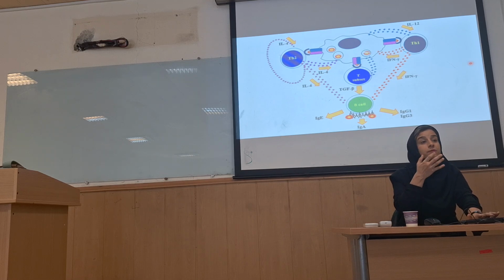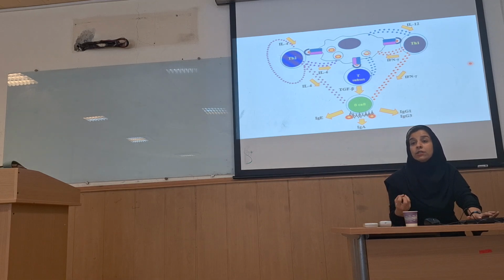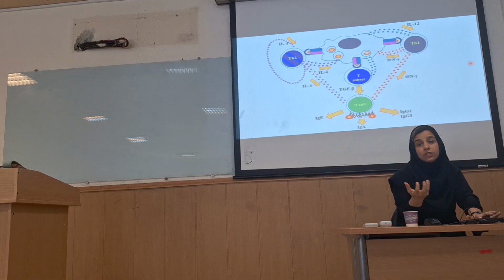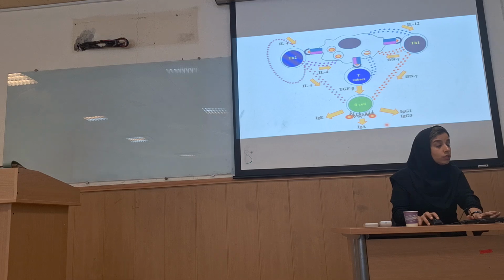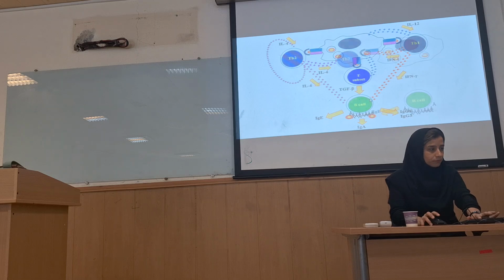For example, in the mucosal membrane of the respiratory tract we have many IgA antibodies, and this antibody neutralizes the pathogens that enter our respiratory tract. So the important cytokine for producing IgA is TGF-beta.